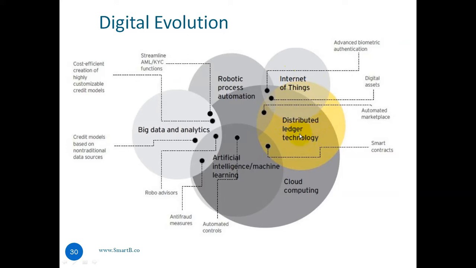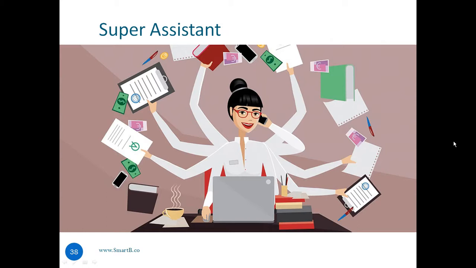A good example of this is actually blockchain. Of course, there's cloud computing, and so on and so forth. So this is just a very big picture view. Essentially, RPA is a super assistant. It helps you do different functions of the business. It helps you streamline the tasks in your organization.